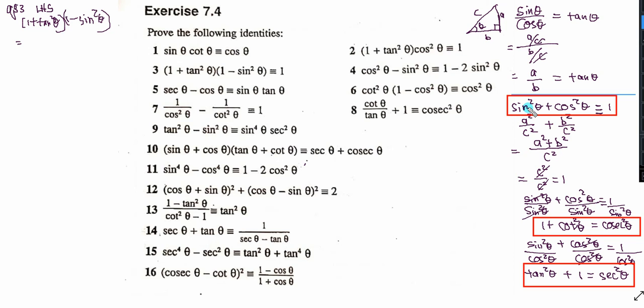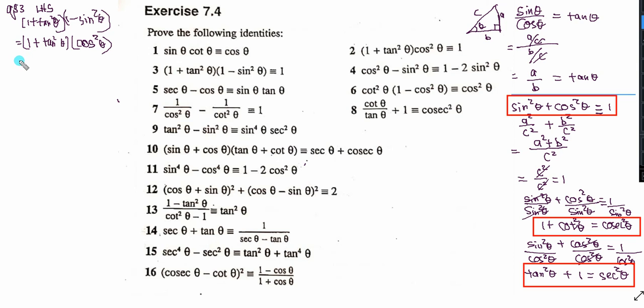If I move the sine square theta over to the right-hand side, cosine square theta is actually equal to 1 minus sine square theta, right? So 1 minus sine square theta is equal to cosine square theta. So this term, 1 plus tangent square theta, okay? This one can be replaced by cosine square theta using this identity.